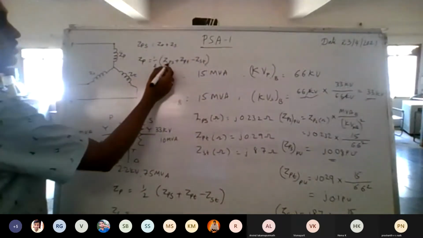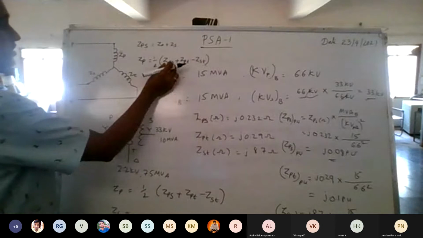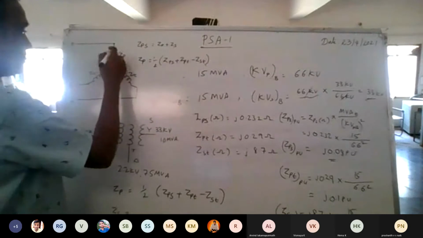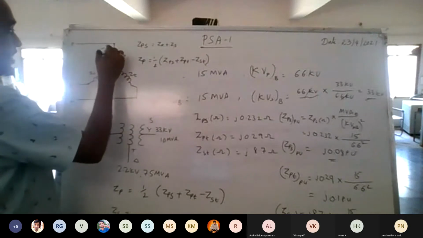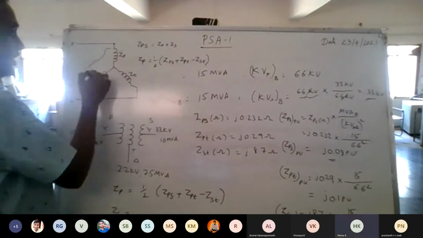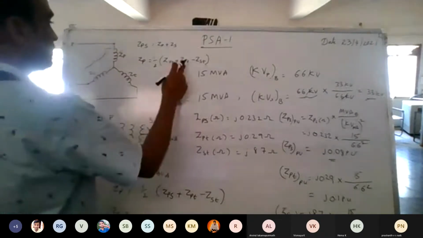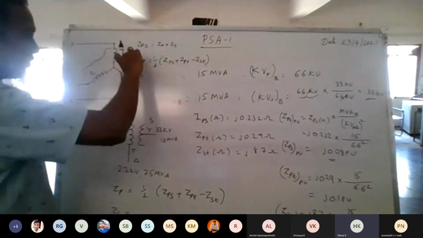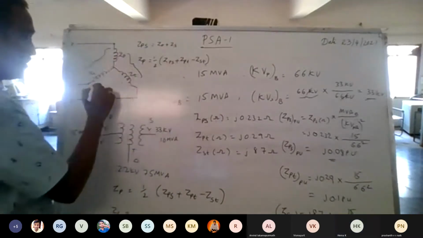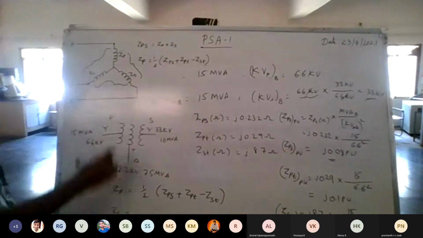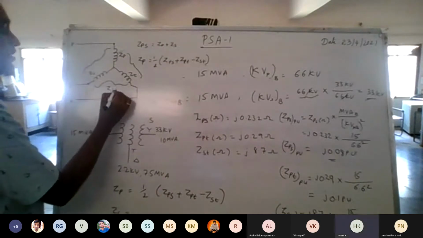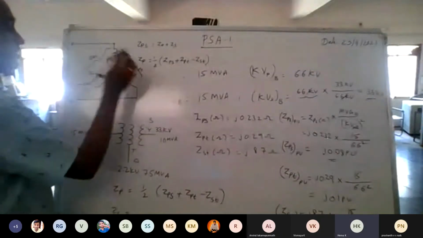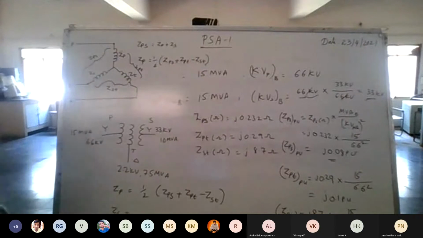Here, the impedance between primary and secondary is called ZPS. We need to calculate the impedance between primary and secondary plus the impedance between primary and tertiary. Add these two impedances minus ZST.